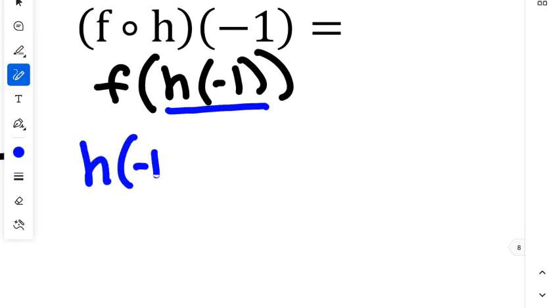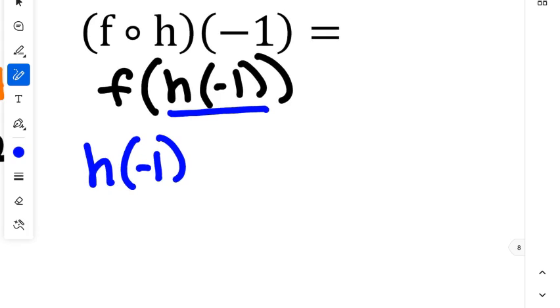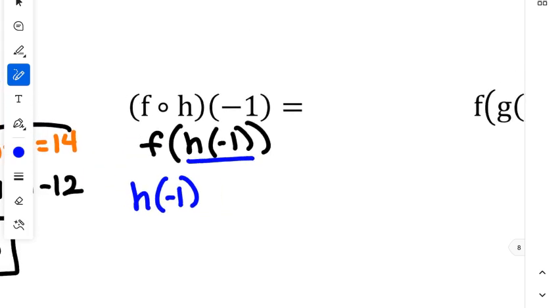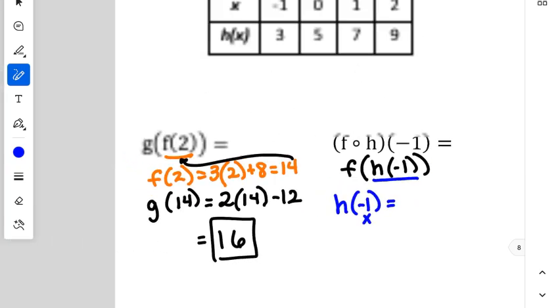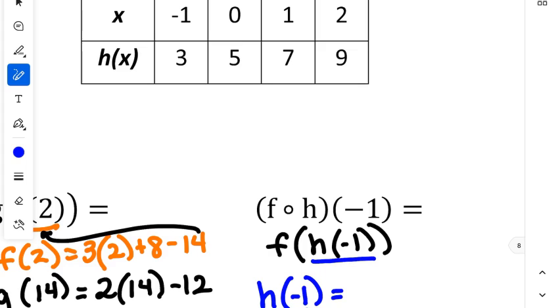So let's do h of negative 1. The h function is a table. So go to the table. This is where x is negative 1. So we want to see what the y value is. When x is negative 1, yep, it's 3.